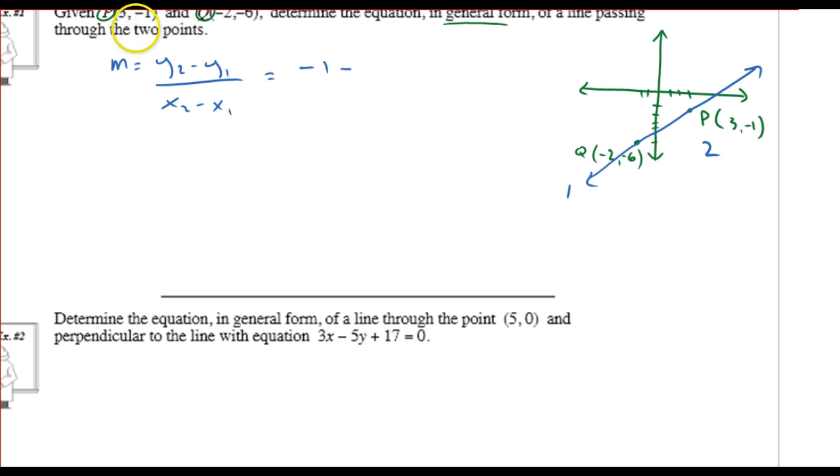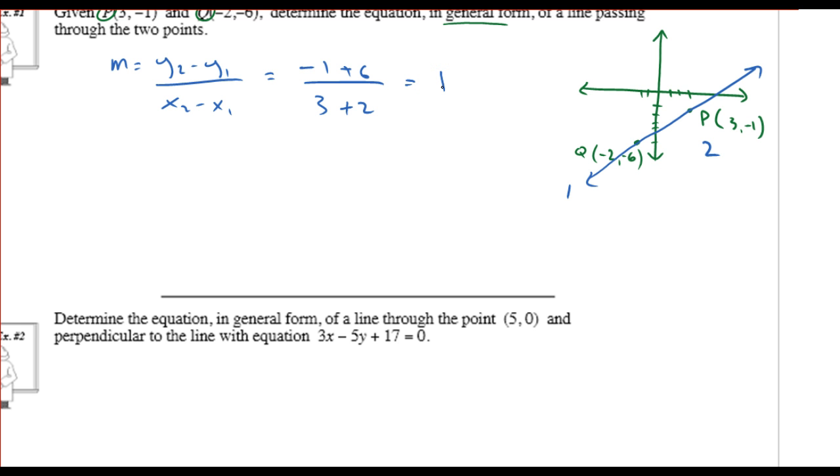Not minus 3, but minus -6, so plus 6, and then 3 minus -2, so 3 plus 2 on the bottom, and my slope is going to be 5 over 5, which is just going to be a +1. Nice and convenient there. That's good.